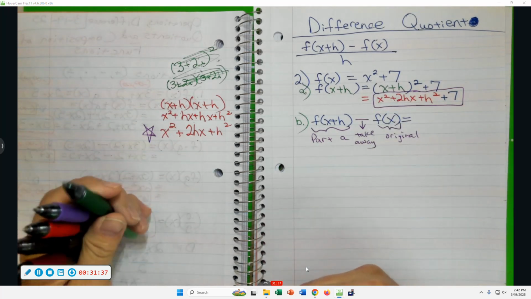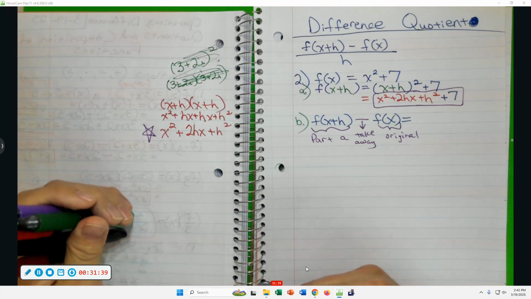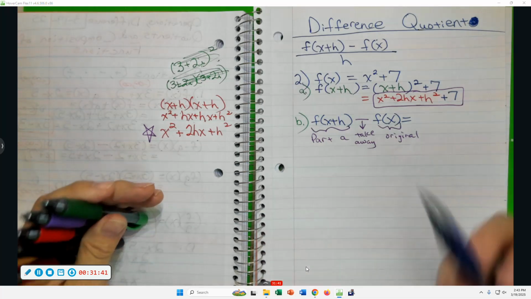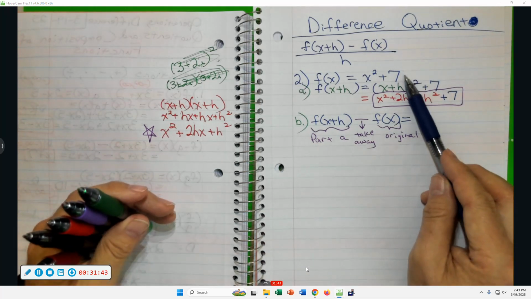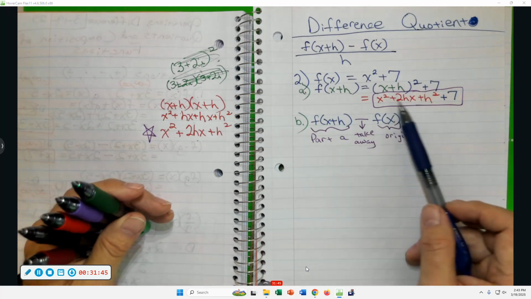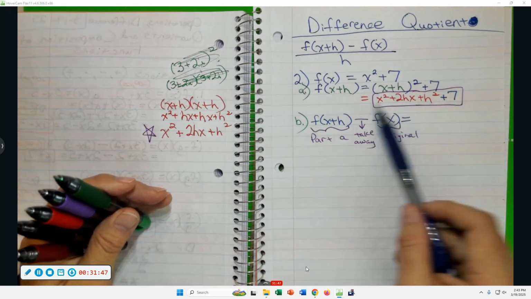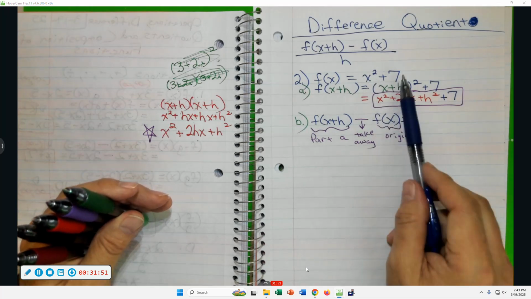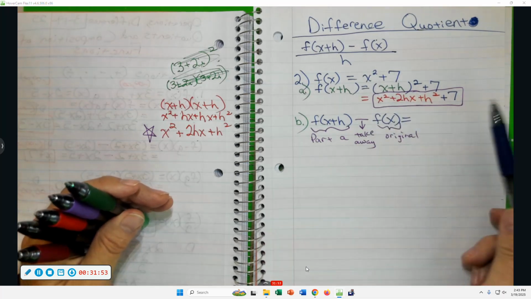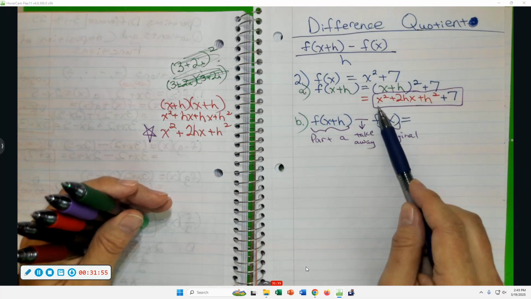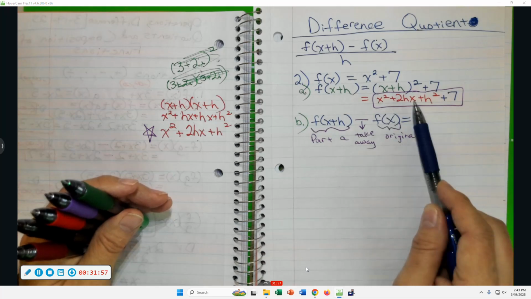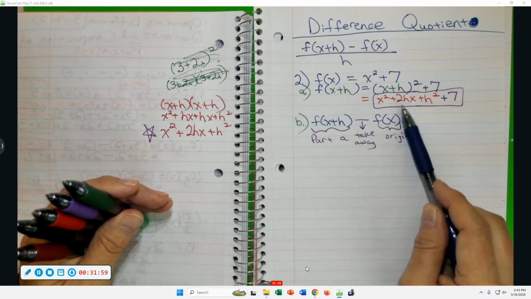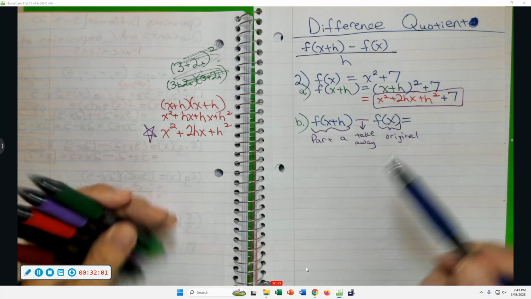There's something else that's going to disappear. No, because there's not an h squared up here to get rid of. You're taking what you have. You start off with the answer in part A, and you're taking away f of x. So the 7 is going to disappear. The x squared is going to disappear. All you're left with are the terms containing h.